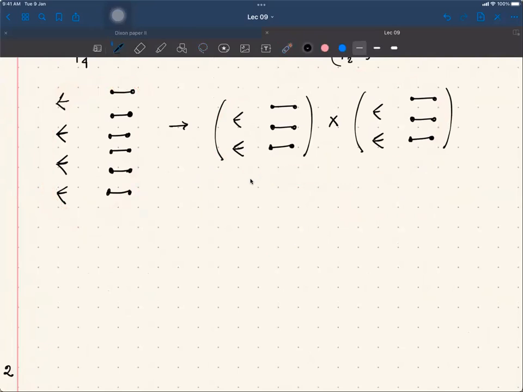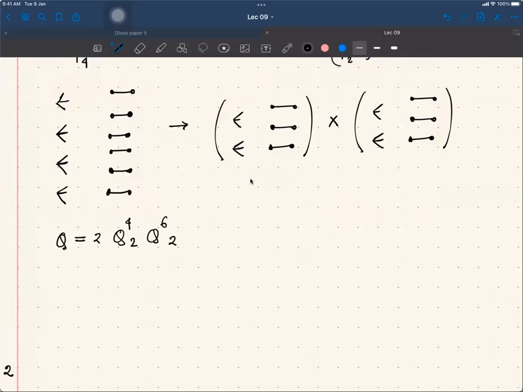The answer is that Q must be given by 2 times Q4,2 times Q6,2. Let me explain the notation.